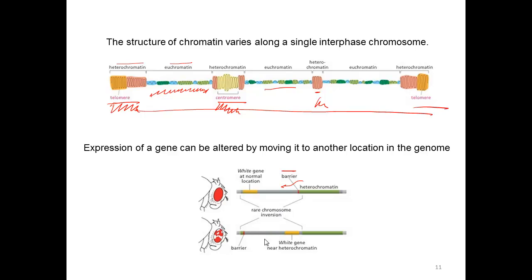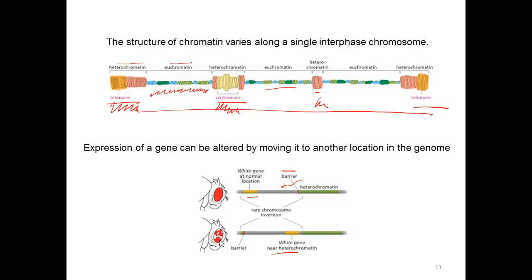In some cases, you have DNA anomalies where the chromosome is inverted, and now there's no barrier between this gene and the heterochromatin. And as this picture suggests, there are phenotypic consequences that result from the altered location of the gene. This manifests itself in the pigment of the eye color.